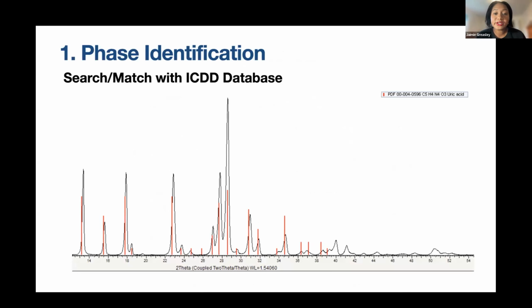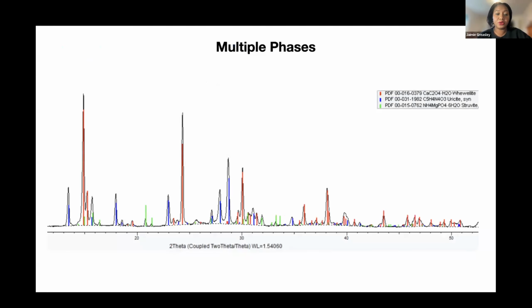One of the first steps to analyzing diffraction profiles is what we call the phase identification step. Typically this is done, and you can see the red markers represent what we found, a match to a reference in a database. It's done with the International Centre for Diffraction Data database, and usually it involves search-match. It's kind of complicated, but this is for a single phase, a pure single-phase sample.